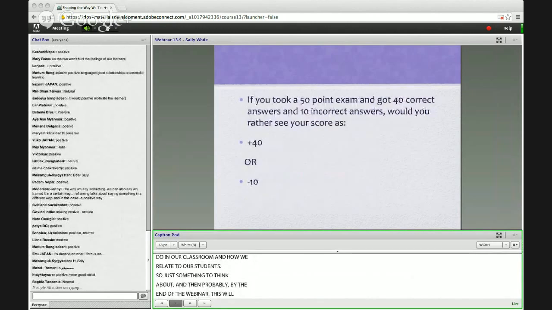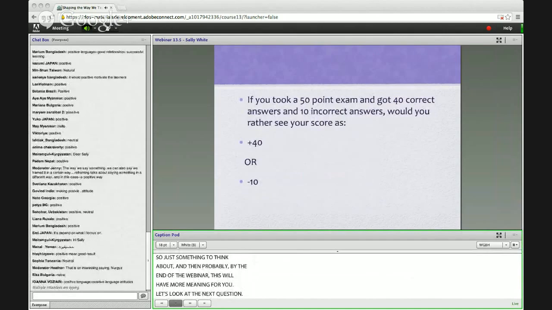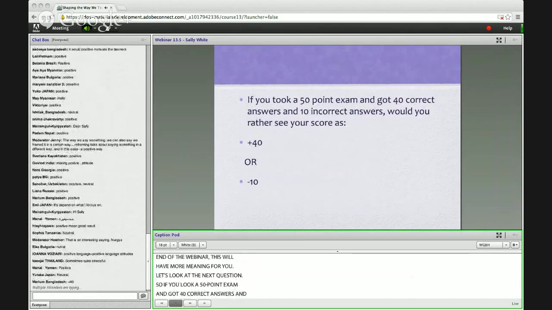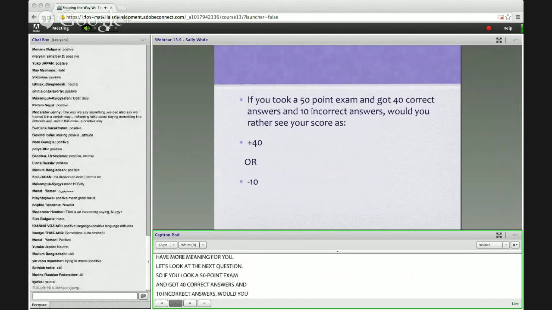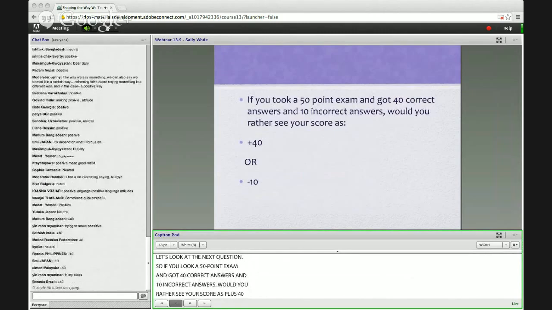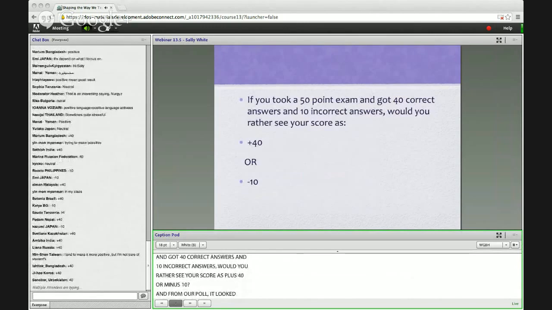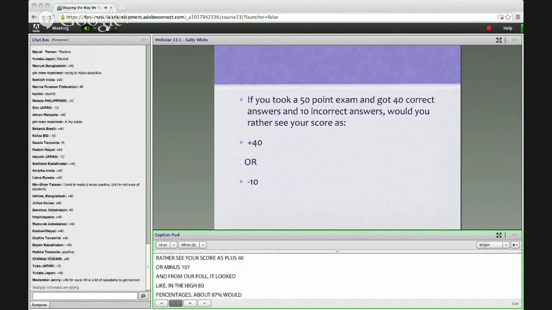Let's look at the next question. So if you took a 50-point exam and got 40 correct answers and 10 incorrect answers, would you rather see your score as +40 or -10? And from our poll, it looked like in the high 80 percentages, about 87% would rather see +40, and about 12% -10.